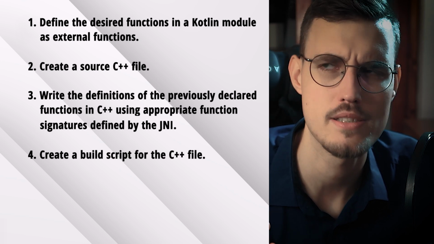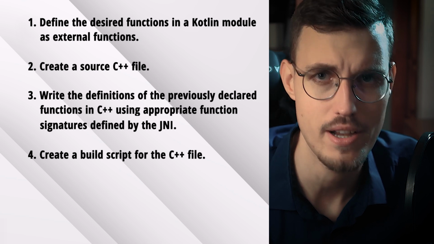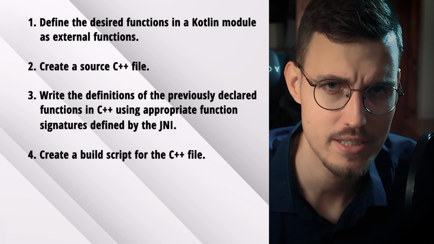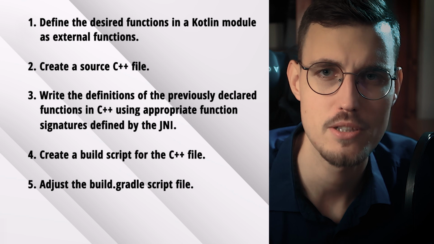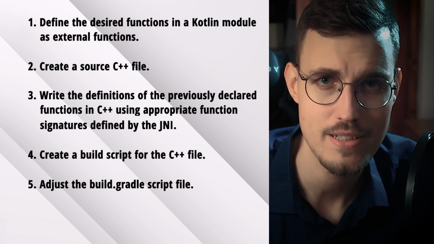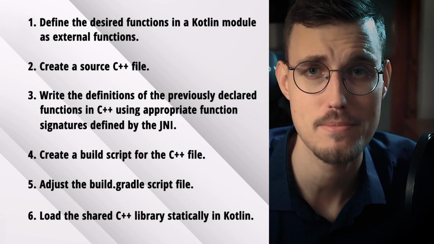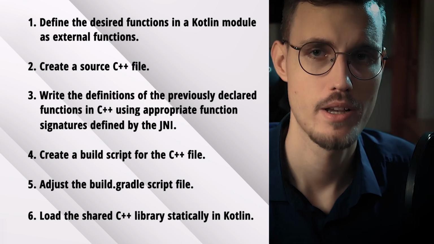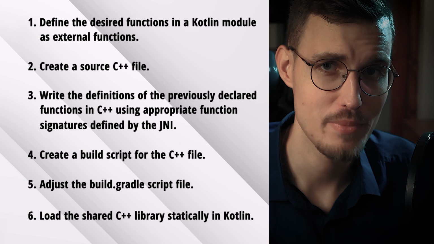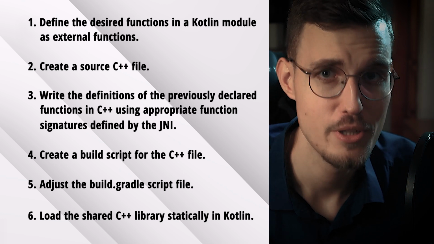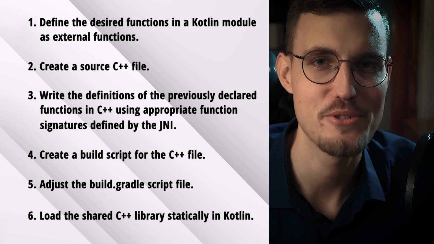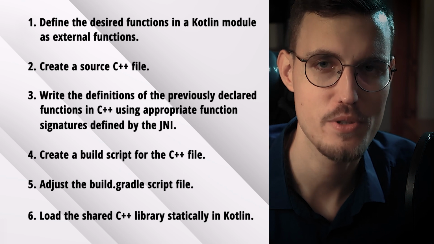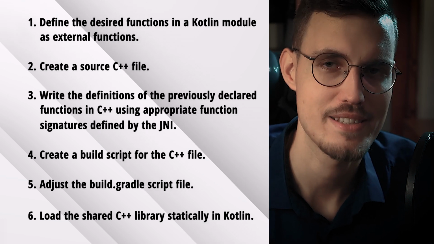This is typically a CMakeLists.txt file with a shared library target, and adjust the build.gradle script file and load the shared C++ library statically in Kotlin. As this seems quite complex, the best thing we can do is to jump right into Android Studio and go through this process step by step.